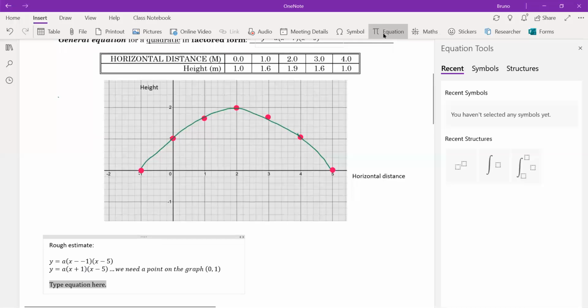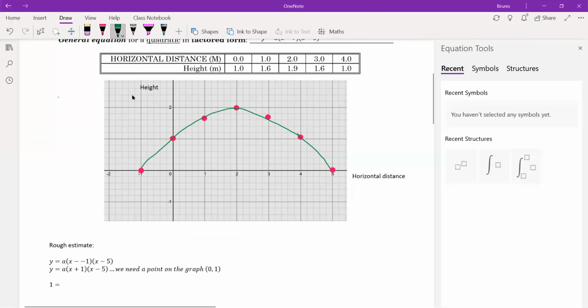I'll go back to insert that equation. If I'm going to replace the y value with a 1, why am I doing that? Well, that's because this is your y value right here, and this is your x value. So in this equation, I can use it to determine my a value, simply by replacing the numbers that I have with the numbers that I don't have.